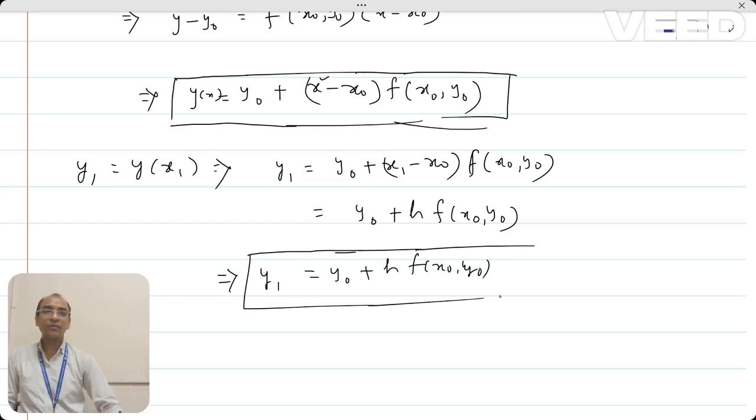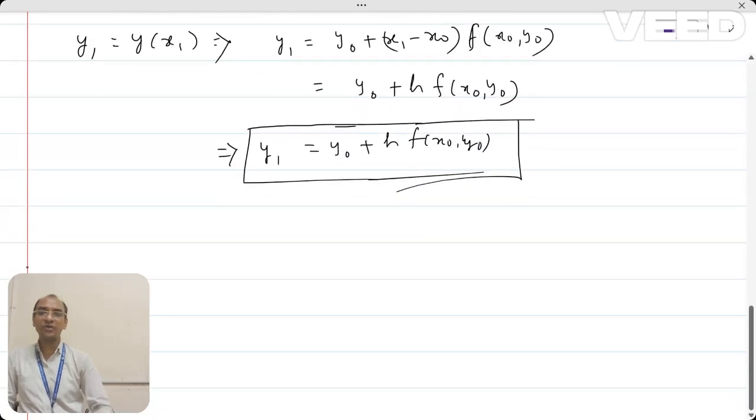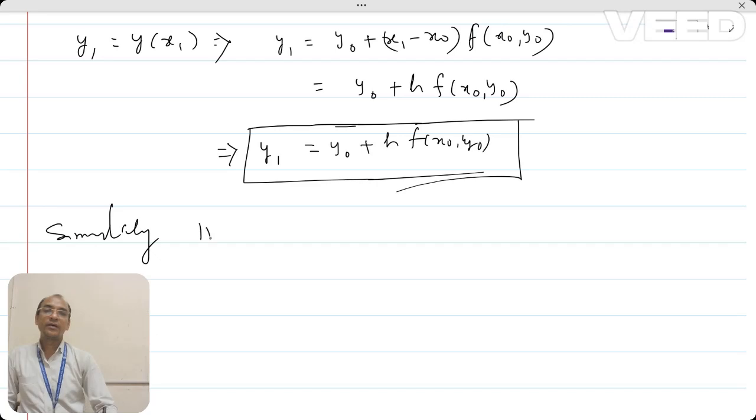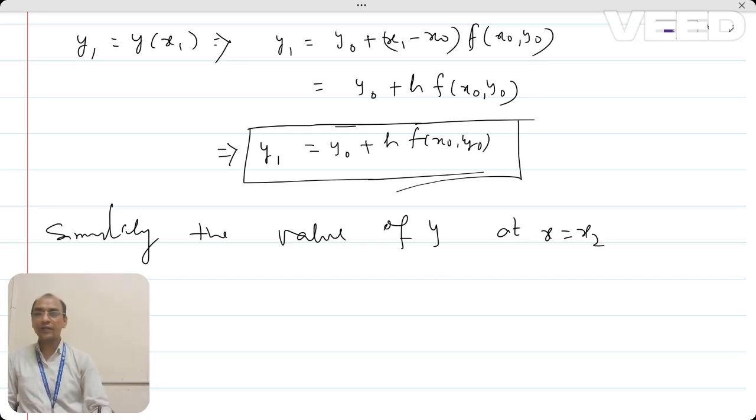Similarly, if I want to find the value of y at x equal to x2, I can write y of x2.